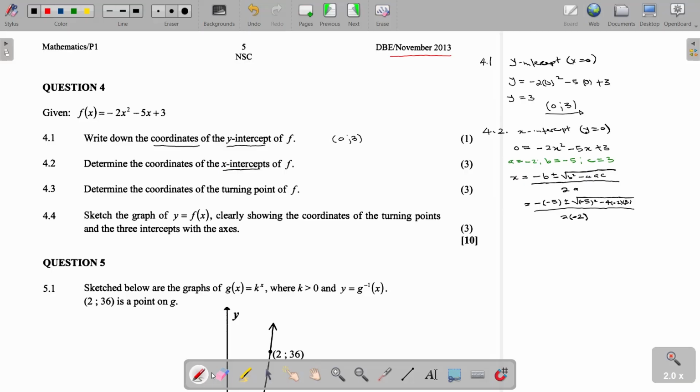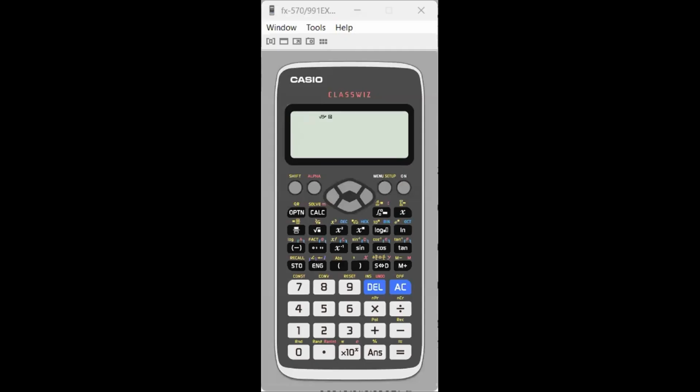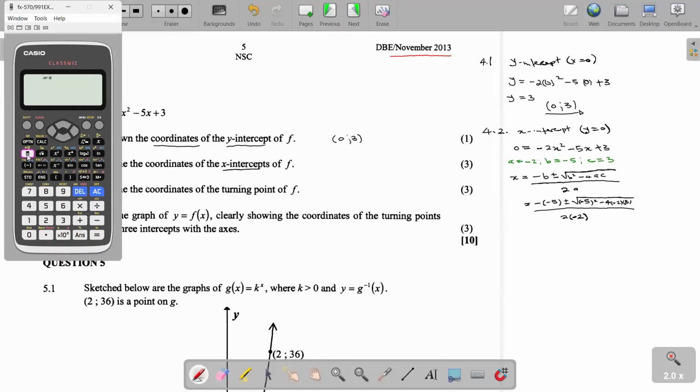So when we go to the calculator, what are we going to get? It's minus b, so minus minus 5 plus the square root of b squared, which is minus 5 squared, minus 4a is minus 2, c is 3, all over 2a, 2a is minus 2.